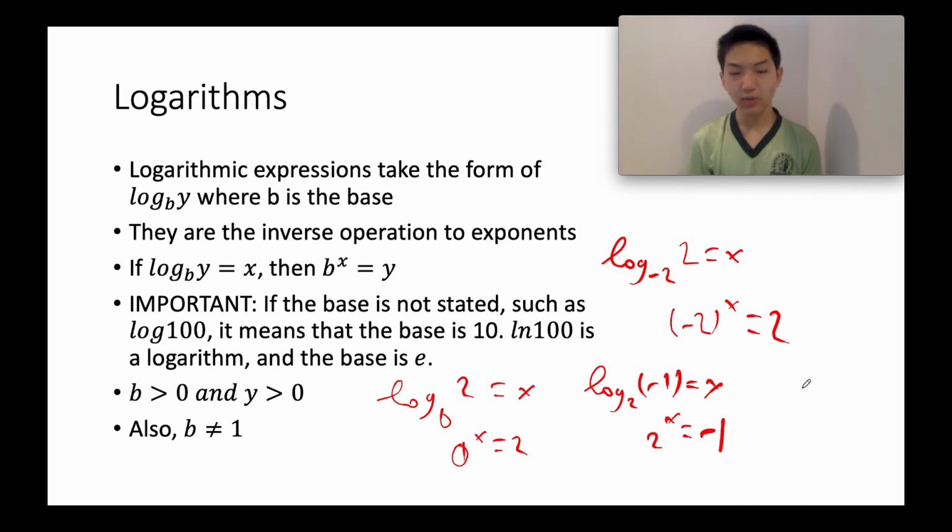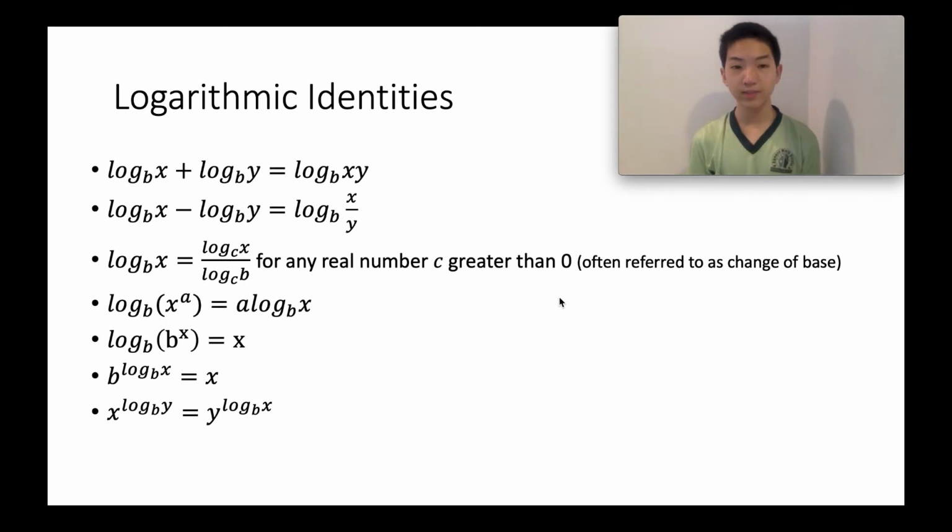So that's why there are those constraints on the values that you can put into the logarithms. Sometimes they come in handy during questions because they help you to narrow down the possibilities in which you can solve an equation. Now we'll be going over some basic logarithmic identities.